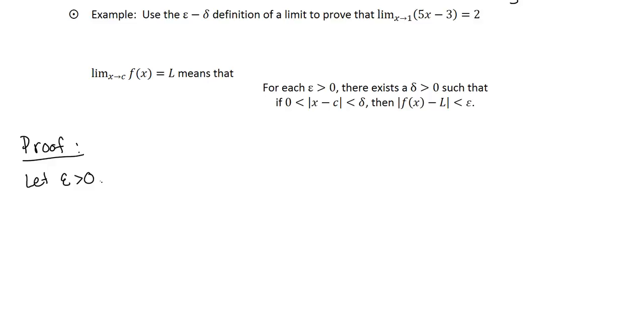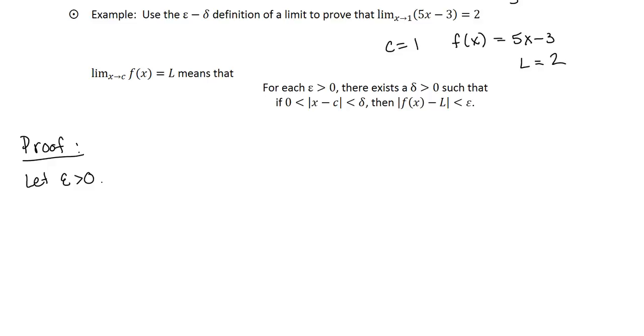So in this problem, we're not given an epsilon. We have to assume that, or we have to prove that it's true for any epsilon. But let's look at the pieces that we do know. We do know that our c here is going to be 1. We know that f of x is going to be 5x minus 3, and we know that L has got to be 2.